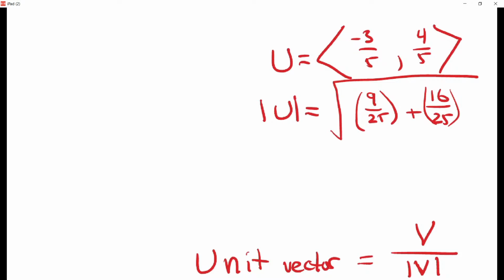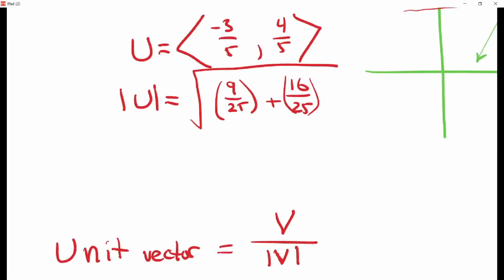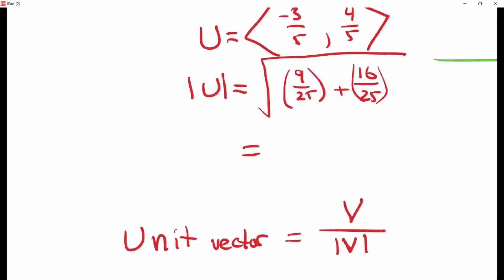So that was -3/5 squared and then 4/5 squared. And that's 25/25. Oh, that's 1 already.